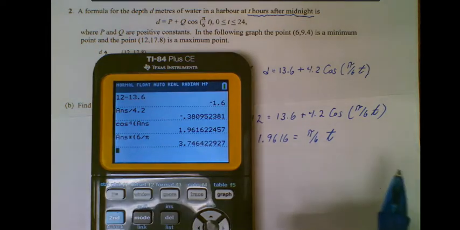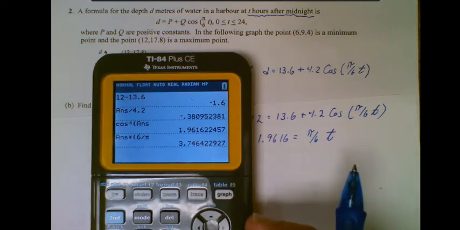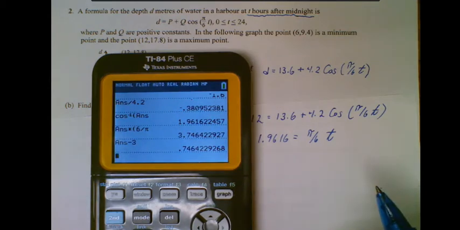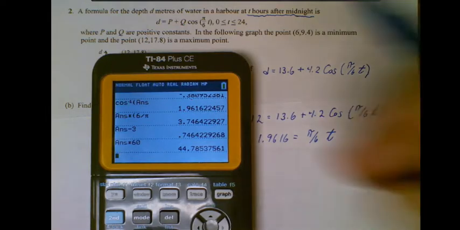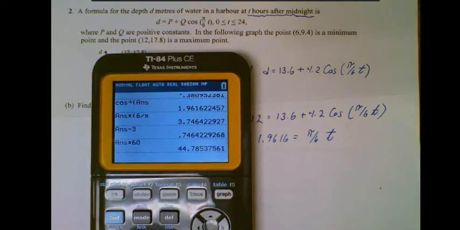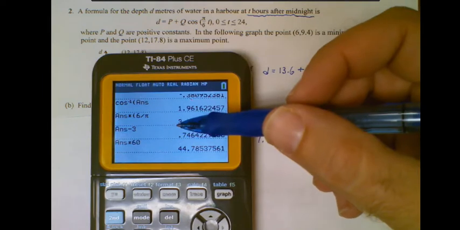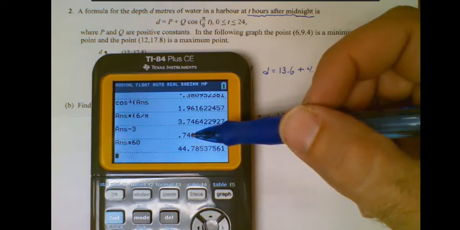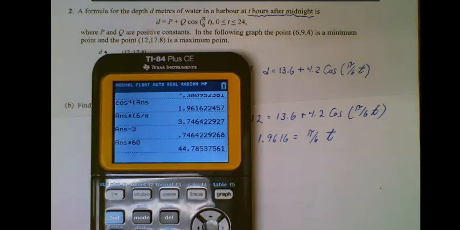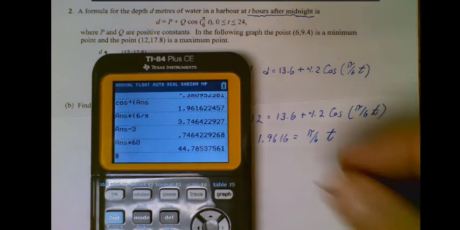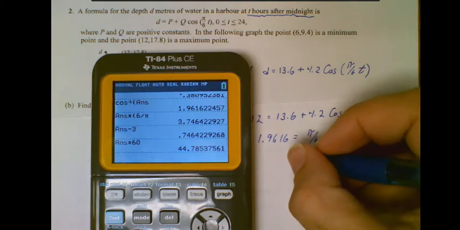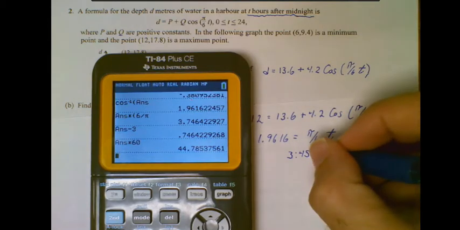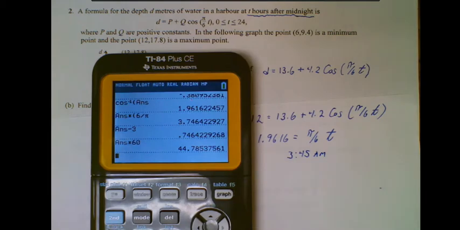Let me just get rid of the 3 for a minute so I can show you that. If I just took the decimal portion of that and multiplied it by 60, you can see that there was about 45 minutes worth of time. So my hours were 3 hours, and if I convert my decimal to minutes, that would round to about 45 minutes. So 3 hours and 45 minutes after midnight, which would put it at 3:45 a.m. And so that's how we'd get that first answer.